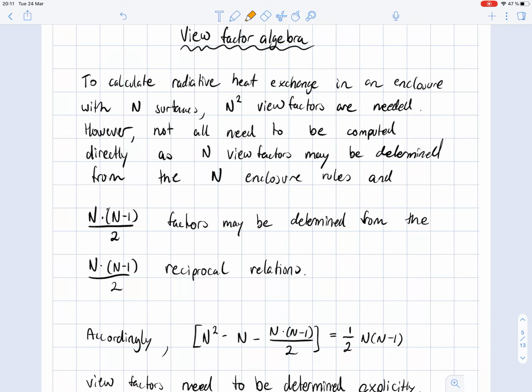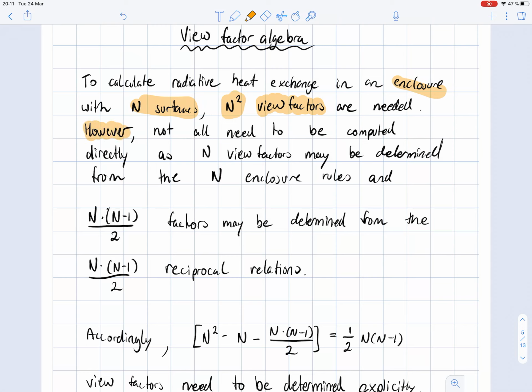So we'll move on to talk about some practical calculations related to view factors. If we have an enclosure with n surfaces, then we need to calculate n to the power 2 view factors.